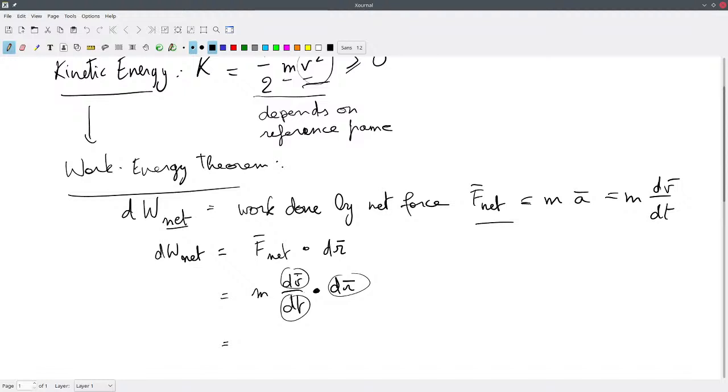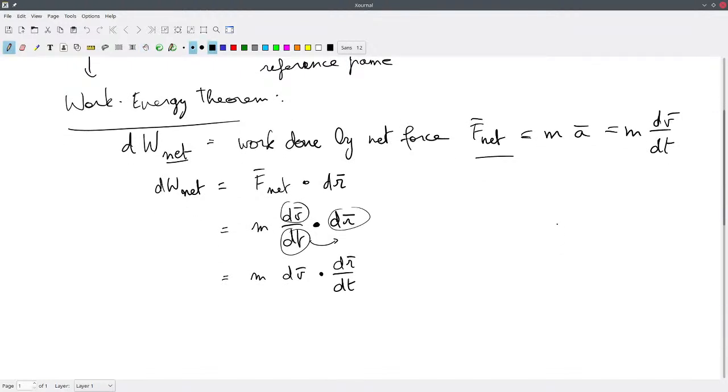It is the infinitesimal change in the velocity divided by the infinitesimal change in time over which that change in velocity happened. But if we think about these three things as independent quantities, we can actually move the dt over to the dr side. And we can rewrite this as m times dv dot dr dt.